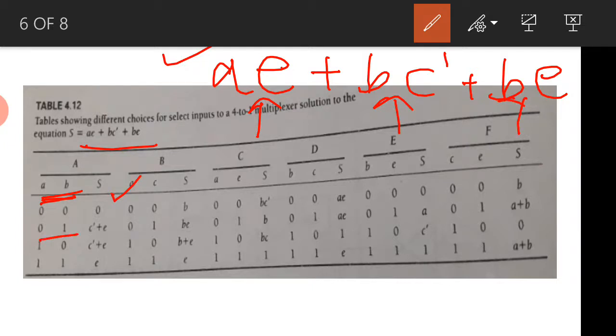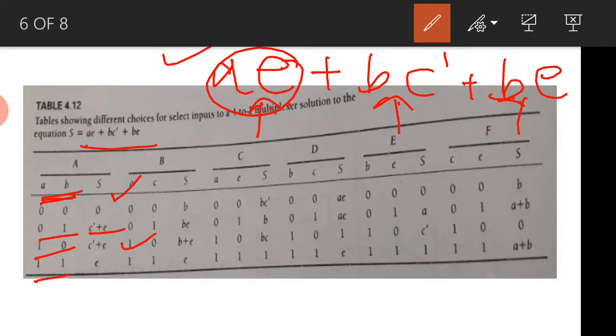If A is 0 and B is 1, A is 0 means this will be 0, B is 1 means here it is C bar, and here it is E, so C bar plus E. Similarly 1 0 will again be C bar plus E. For 1 1, it is E and C bar plus E, that is E plus E, again E.